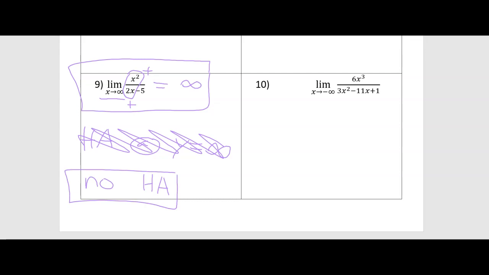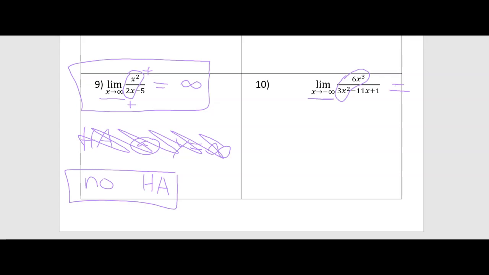Number 10, similar. The power in the numerator is greater than the power in the denominator. Now we just need to figure out whether this limit's going to positive infinity or negative infinity. I'm substituting in negative numbers because I'm approaching negative infinity. So if I substitute negative numbers into my numerator and I cube them, if I cube a negative number, that's going to be negative. It's going to stay negative.